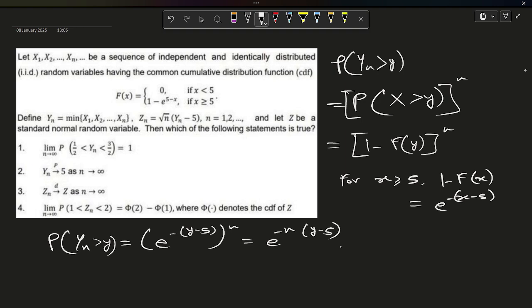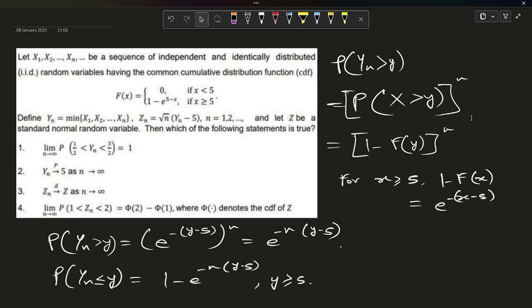Taking the complement, P(Yn less than or equal to y) equals 1 minus this, for y greater than or equal to 5. Thus the distribution of Yn shifts closer to 5 as n tends to infinity. We can easily see that.